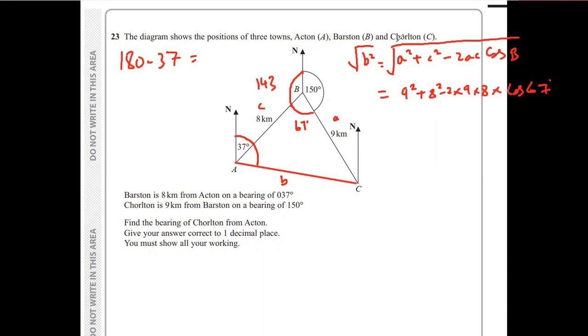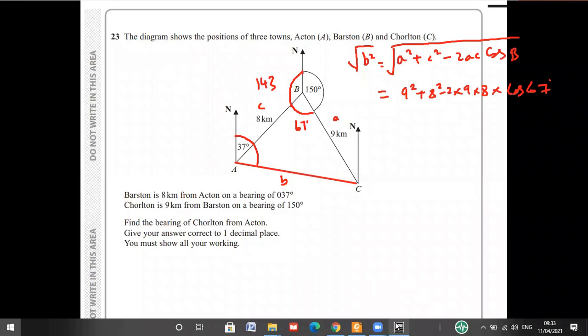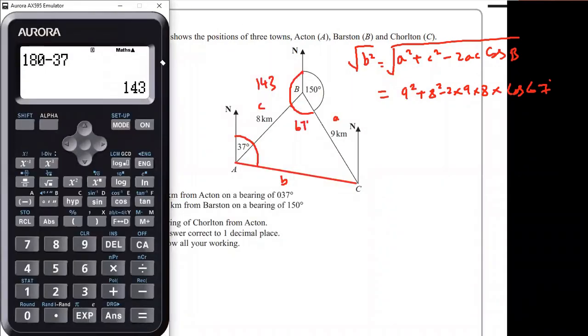And if we substitute this into a calculator, what will we get? We get the square root of 9 squared plus 8 squared minus 2 times 9 times 8 times cos of 67 degrees. And we will get 9.4 basically.